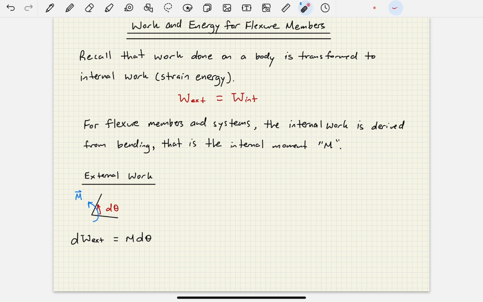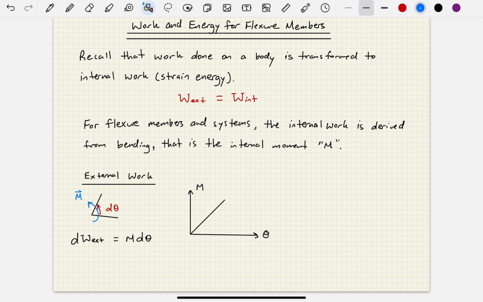Now, we can graph this and say that for linear elastic behavior, what would we have here? Well, we're going to plot this relationship. It's going to look something like this. We're going to have moment on the vertical axis and theta on the horizontal axis. And for linear elastic behavior specifically, you'll have this linear segment here.